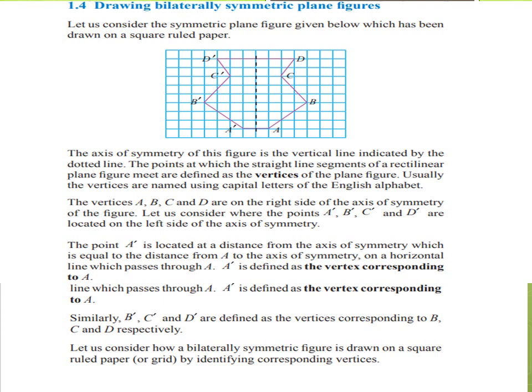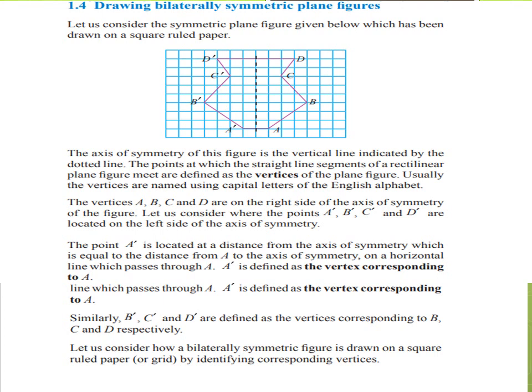Here you can see, just imagine that this is your exercise book. Just look at this picture. You can see on the right hand this is like a pot, and in the center you can see the axis of symmetry. On the right hand you can see D, C, B and A.